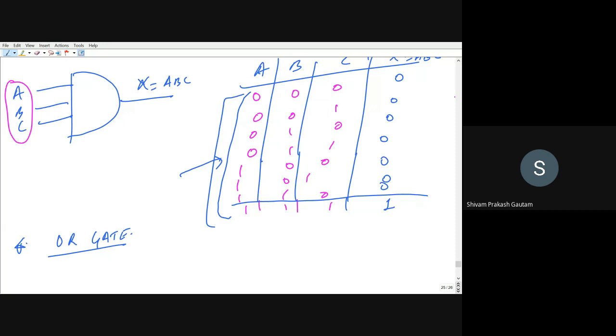For instance, you can take 101, 110, 000. You can make the truth table any way. The idea is that all the combinations of different inputs should be represented in the truth table, right? Means no pattern is necessary. Yes, no pattern.